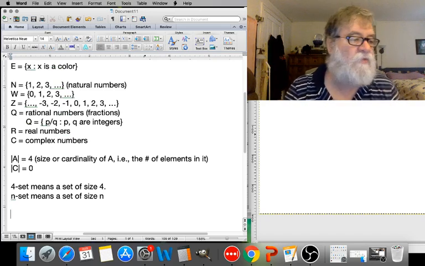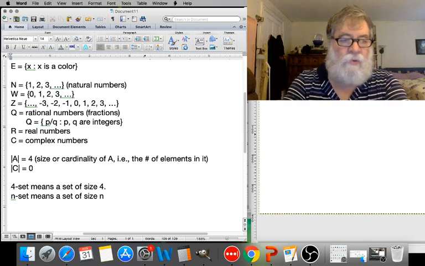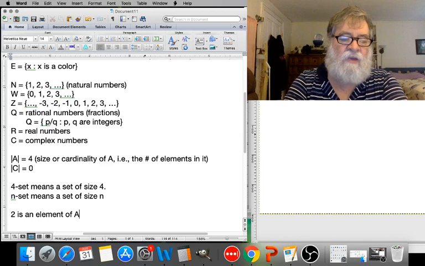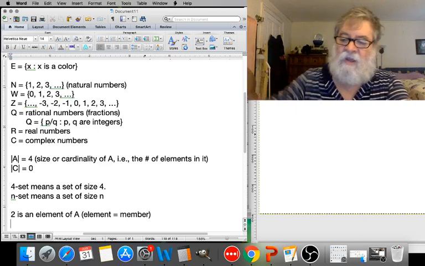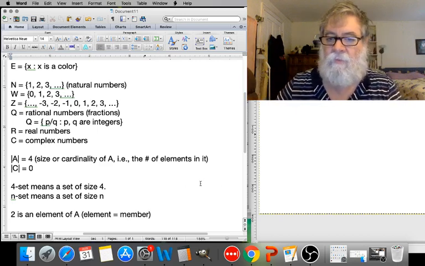So you'll see that occasionally when I talk. Let's see, what else have we got? Member. We'd like to say that 2 is a member of A, or 2 is an element of A. There's a special notation for that, which I'll use the tablet for on the right. If I can get it to work.